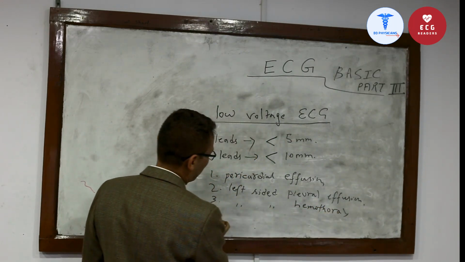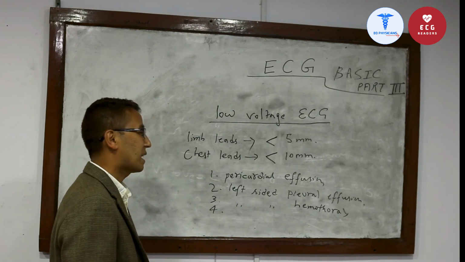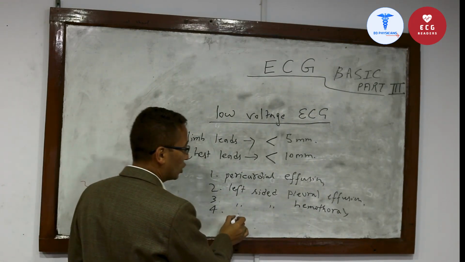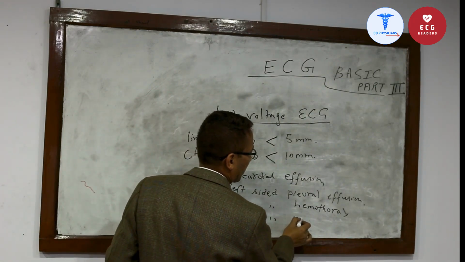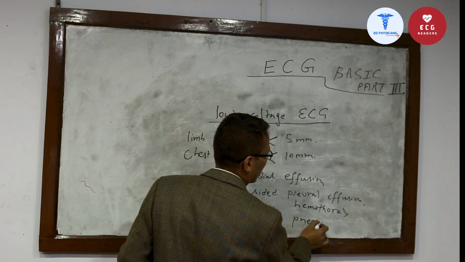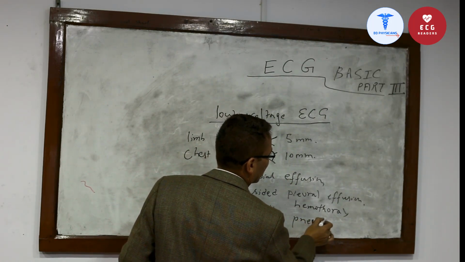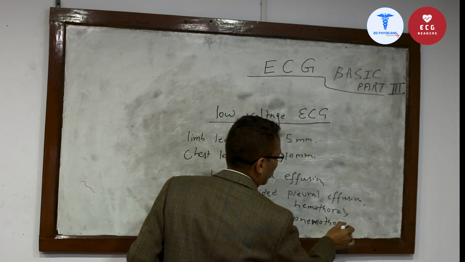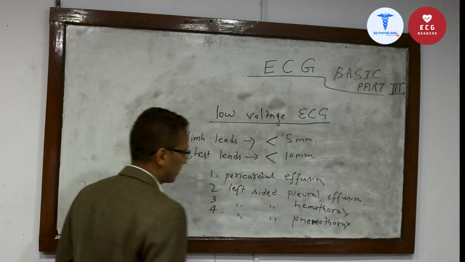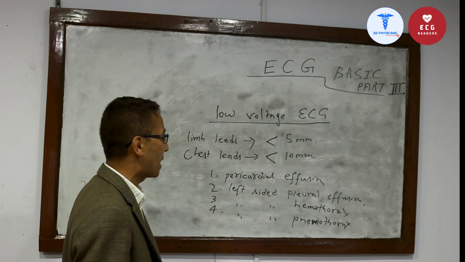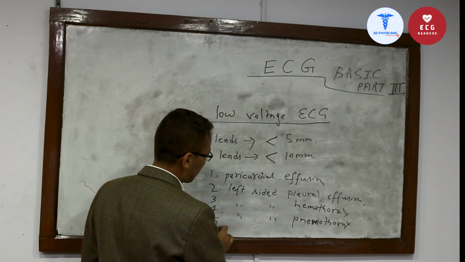If there is collection of air on the left side, that condition is called left-sided pneumothorax. Or left-sided emphysema, subcutaneous emphysema.